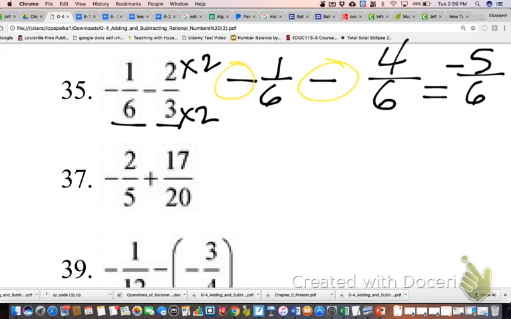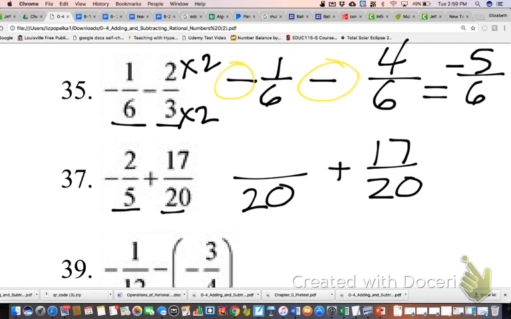For number 37 here, I don't have a common denominator again, so I need to change it. The smallest denominator they'll both go into is 20. So I'm going to leave that 17 over 20 be, and I'm going to change that first fraction into a 20. So 5 times 4 is 20, which means that 2 times 4 is going to be 8.